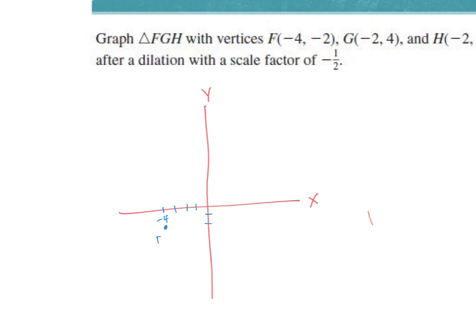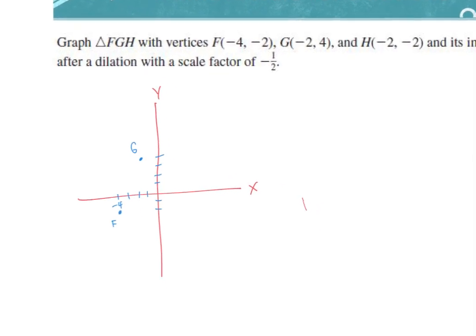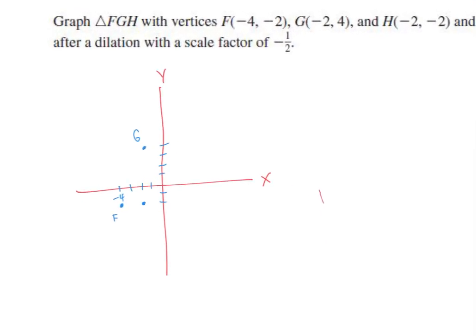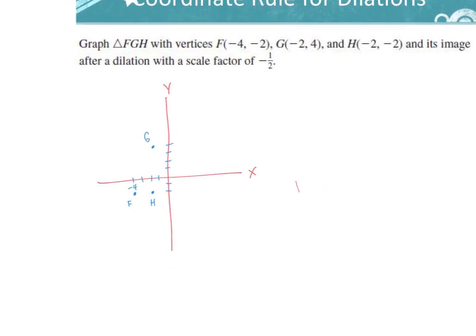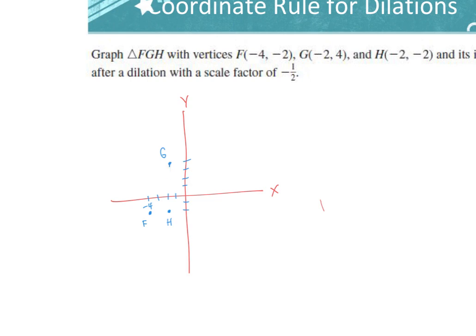Right here, that's going to be F. And then we've got G at -2, 4. So 1, 2, 3, 4, all the way up here. This is G. And then we've got H at -2, -2, down here, H. And then that's it, it's a triangle.